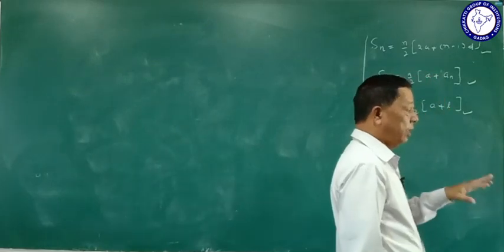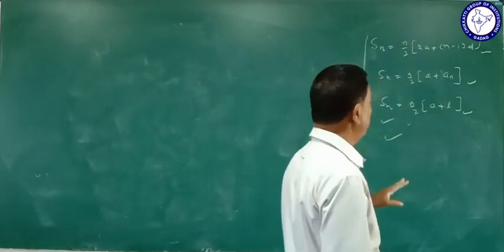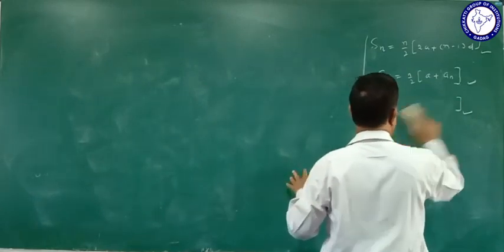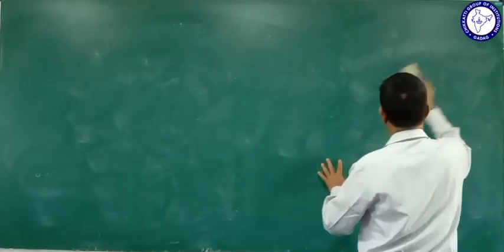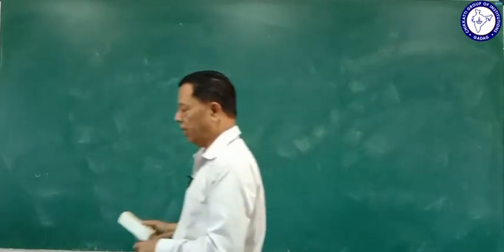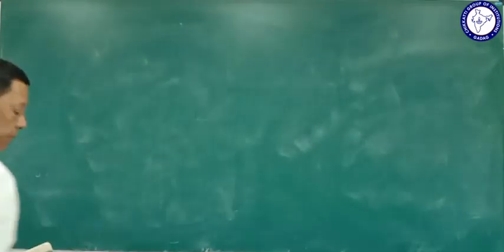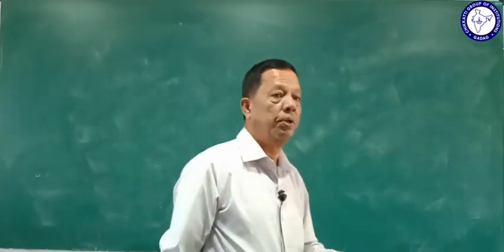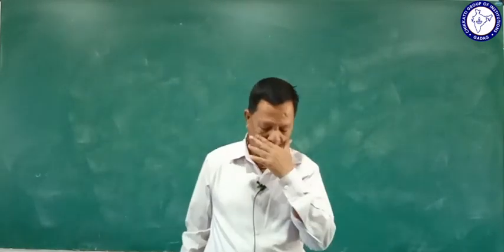In these three cases, remember this. When the first and last term are given and the common difference is not given, we use Sn equals n by 2 times (a plus l).